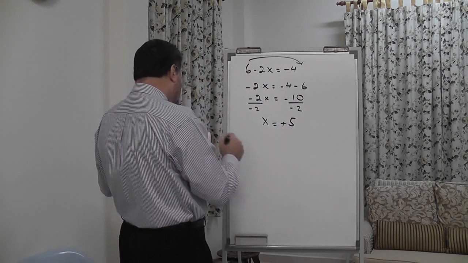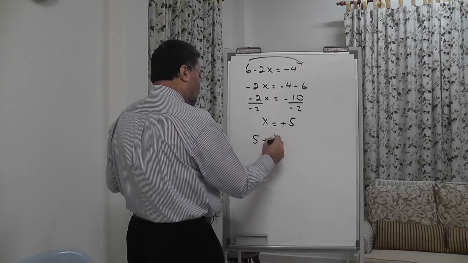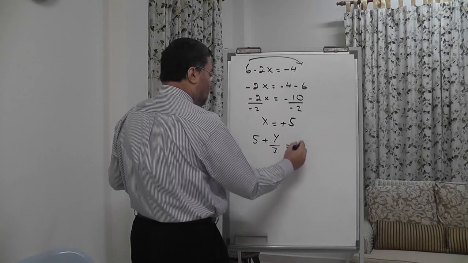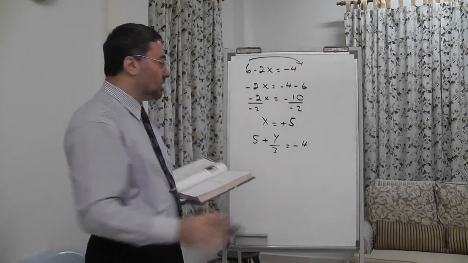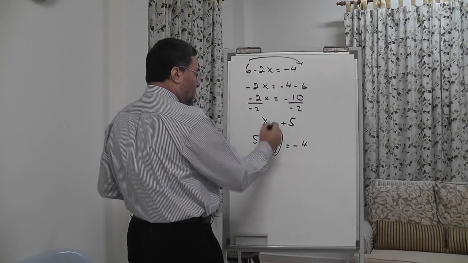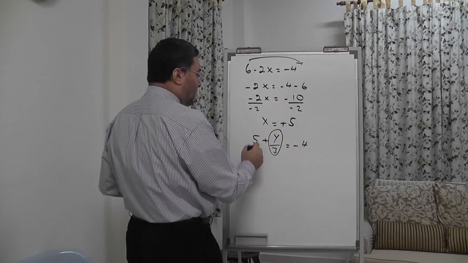Number 21, 5 plus y over 3 equals minus 4. Again, the strategy in all of these equations is to isolate my variable. So we are going to isolate this term. Everything else goes to the other side. Now 5 goes to this side.